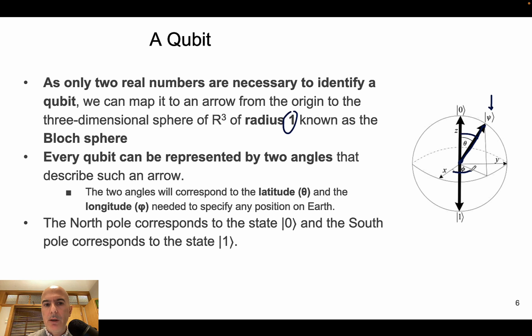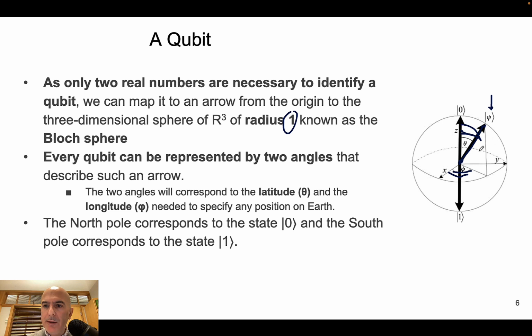The two angles will take the name of a latitude for theta. So this angle here is the latitude, and then we have the longitude on this plane. This is very similar to how we describe a point on the Earth. We always provide the longitude and the latitude.